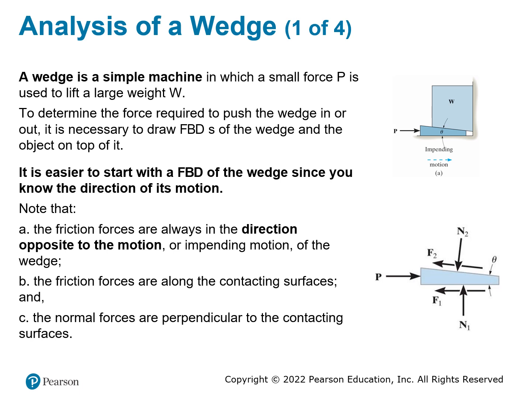Over here, you can see the picture where we have a wedge stopping a big weight, and this big weight is actually against a wall. So there are two contact surfaces: one is on the right, and the other is in between the wedge and the object. We're going to ignore the weight of the wedge because normally the wedge is a smaller object and you are lifting a big weight.